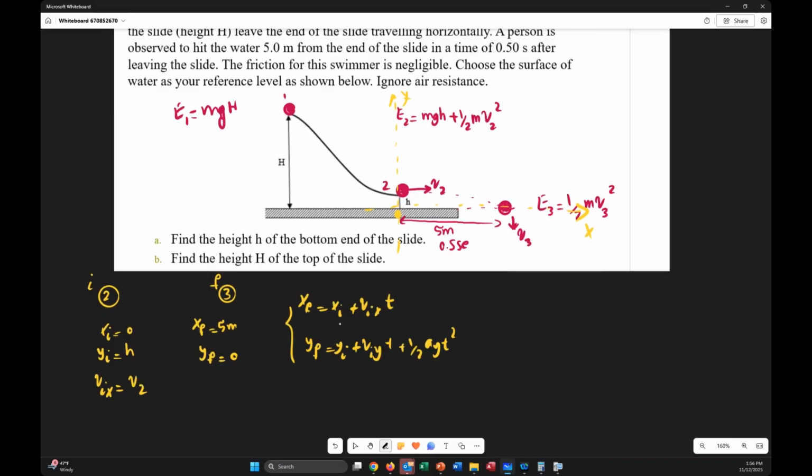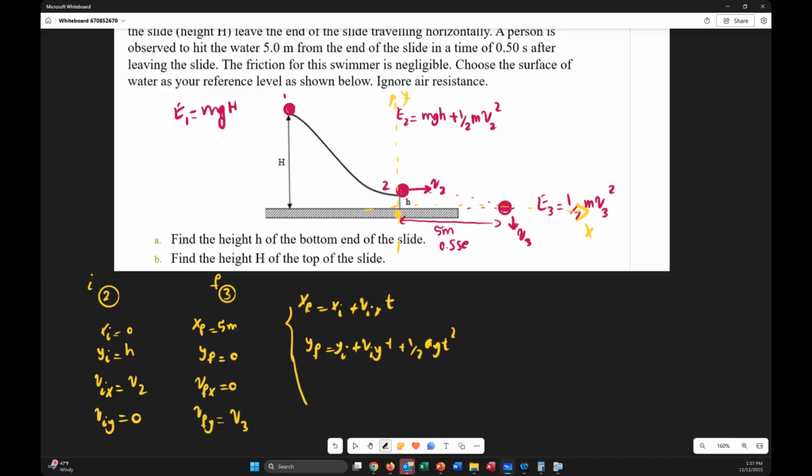What is the initial velocity in y-axis? 0, there is no initial velocity in y-axis, just the velocity is horizontal. What is the final velocity in y-axis? Velocity 3. I'm going to use this information and plug it here.